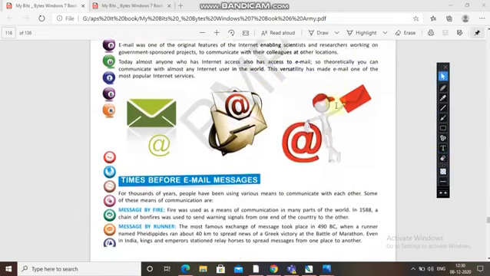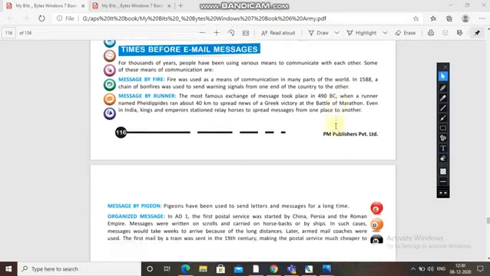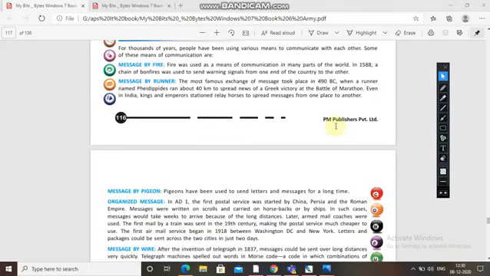Now next, what we have seen is times before email messages. People ask, okay beta, you know email, you know the process also, what things are needed for sending an email, but in earlier times how did people send messages from one person to another, from one kingdom to another kingdom?